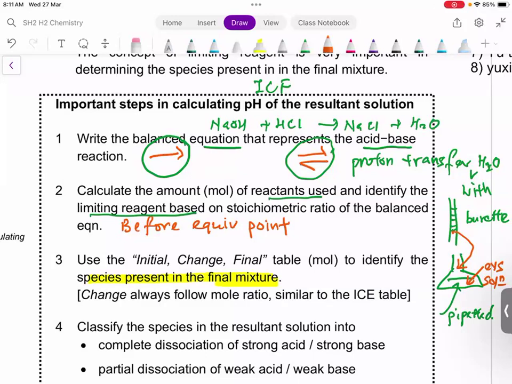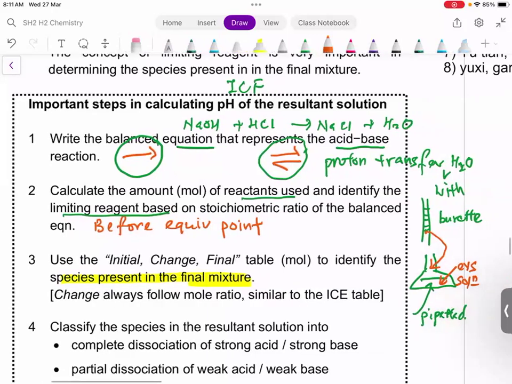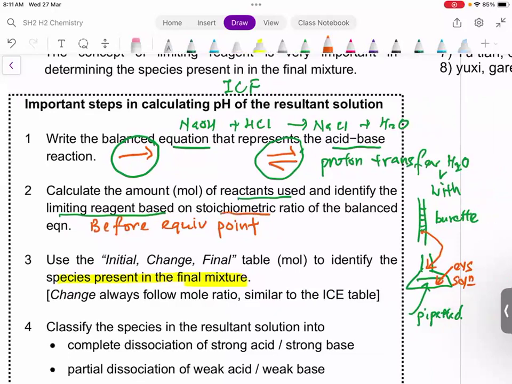So at some stage, you may form a buffer, depending on what type of acid and base reaction you are carrying out. Then when it's equal, if you have equal moles of the acid and base present in the reaction mixture, what will you form?